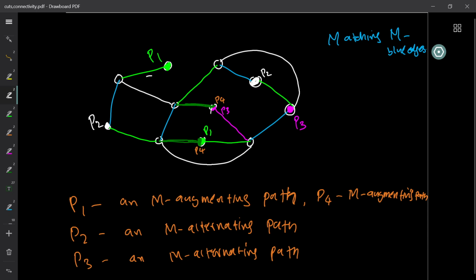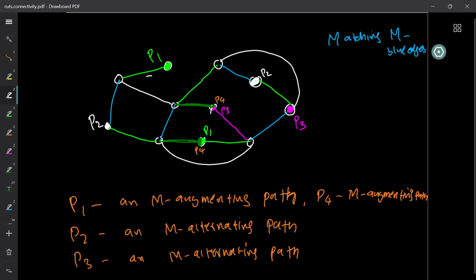This is just two edges, and this is also not an M augmenting path because this vertex is saturated. Then P4 starts from here and takes these three edges. This is an M augmenting path because the starting and ending vertices are unsaturated. So we have two M augmenting paths here, and all of them are M alternating paths.